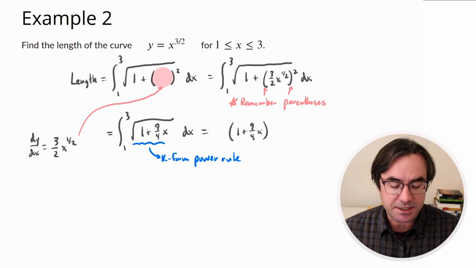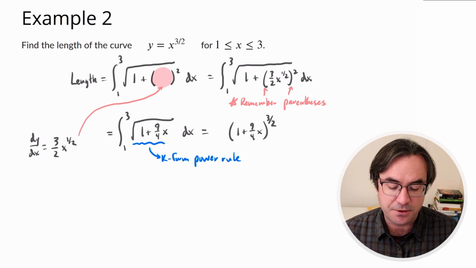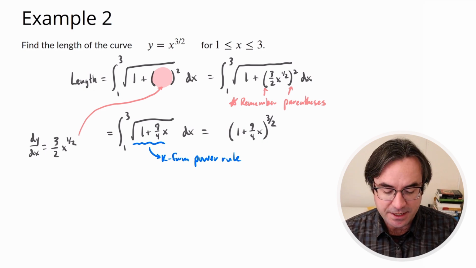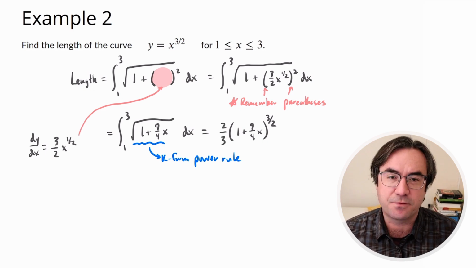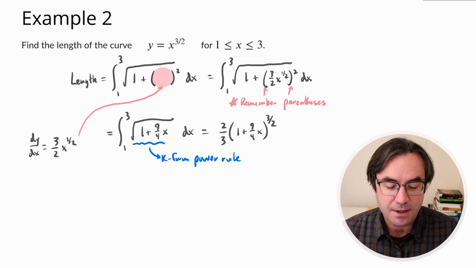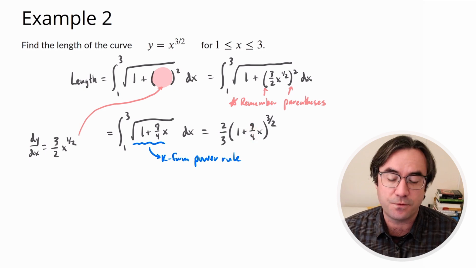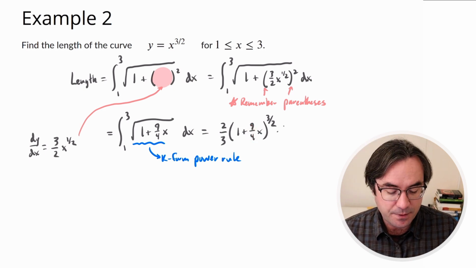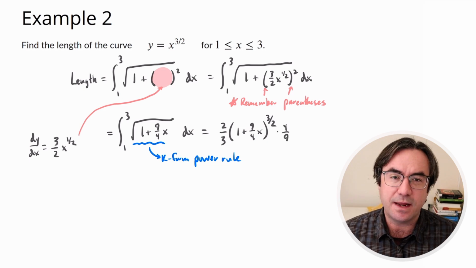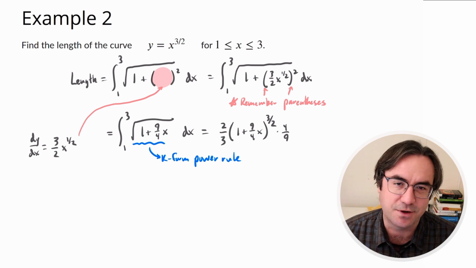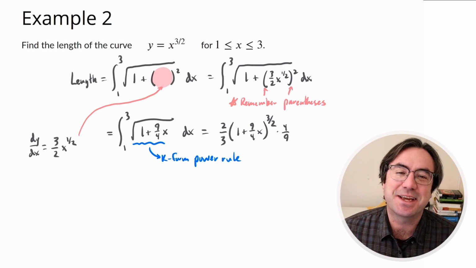We add 1 to the exponent, so that's going to bump us up to 3 over 2. Take that new exponent, flip it, put it in front, so we get a 2 over 3. And then our constant k here is that 9 over 4, so we end up flipping that as well and putting that at the end, or you could put it at the front too. So this is a K-form power rule.